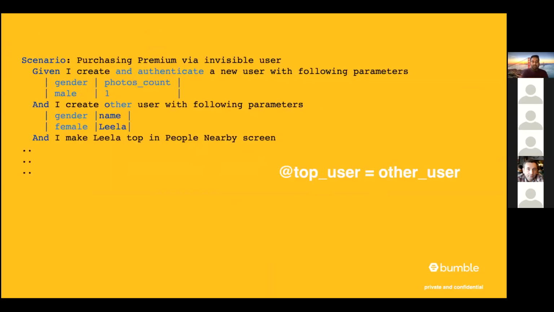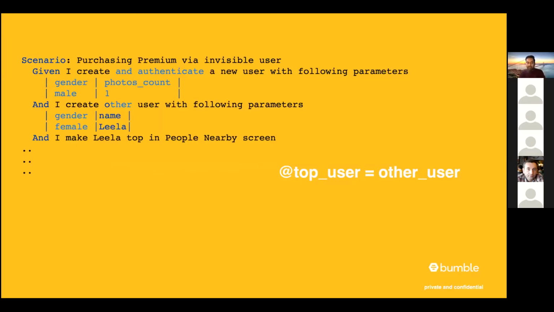Consider another example. A user with name Leela, and the last step says "I make Leela top in people nearby screen." The code beneath this step was storing this other user in an instance variable called @top user.